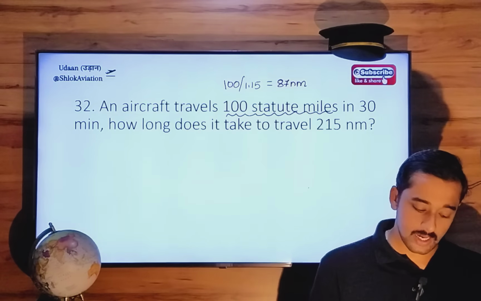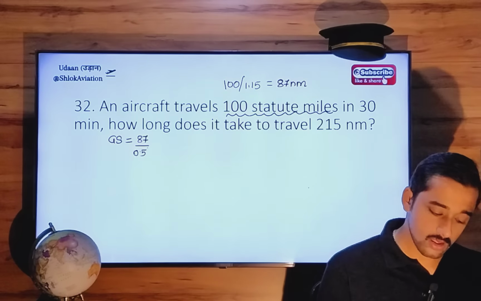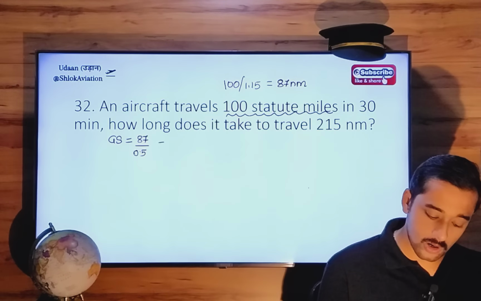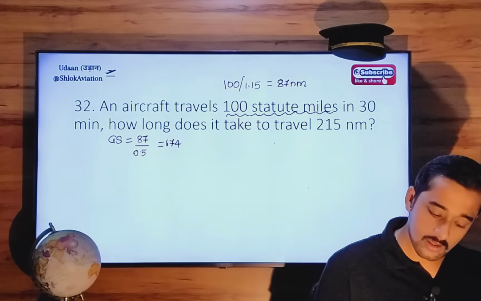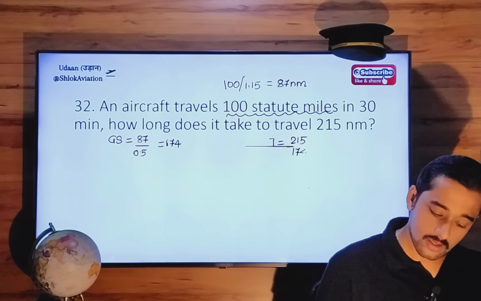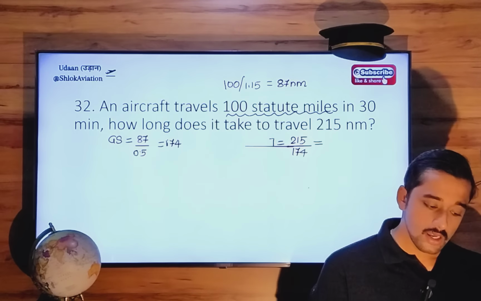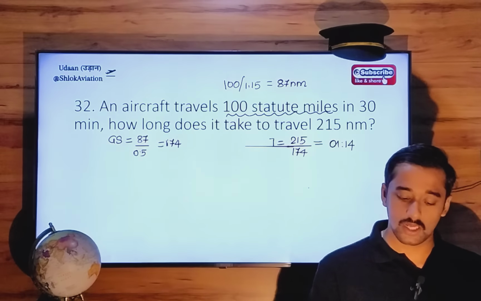So 87 nautical miles in 30 minutes will give you a speed of 174 knots. With this speed, you can travel 215 nautical miles in 1 hour 14 minutes.